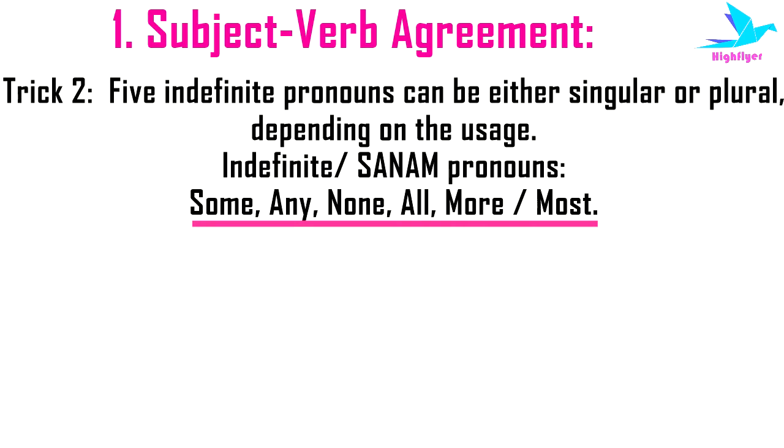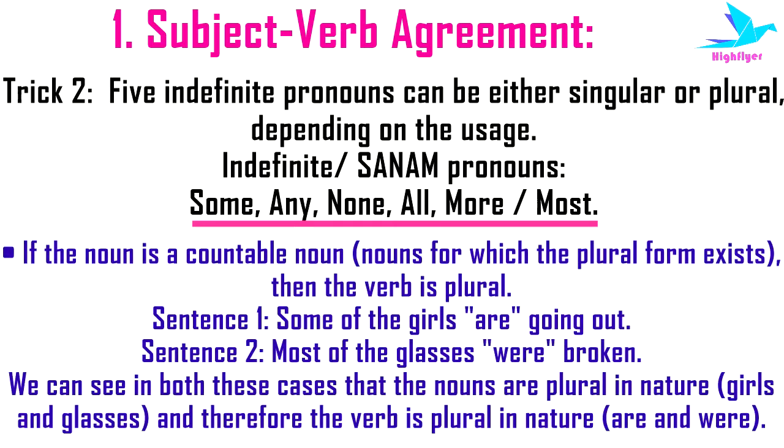In the first case, if the noun is a countable noun, then the verb is plural. For example, some of the girls are going out. Or second example, most of the glasses were broken. We can see in both these cases that the nouns are plural in nature, girls and glasses, and therefore the verb is plural in nature, are and were.